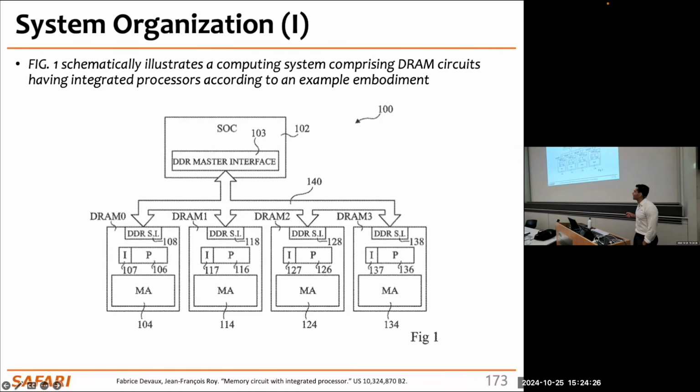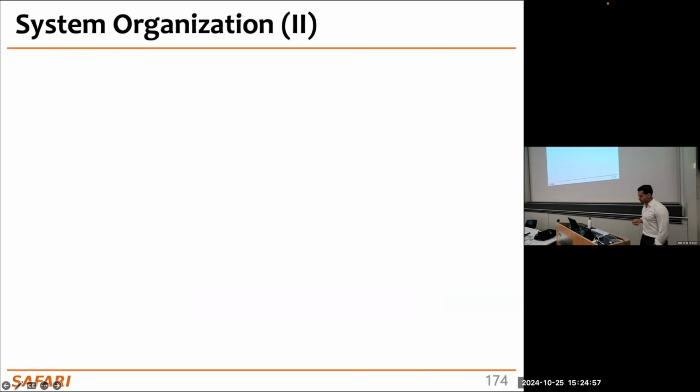So this is a pictorial picture from their initial patent. Here we have their SoC that is the master. So it is your regular host CPU with the regular DDR interface, and then we are going to have the UpMem chips here with some DRAM memory and a processor that has some simple cores and also some scratchpad memory.